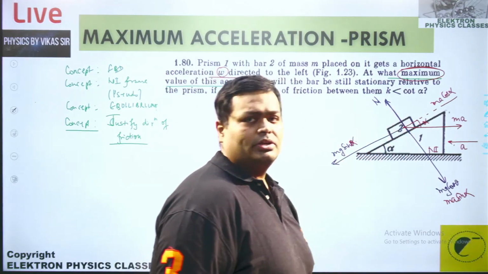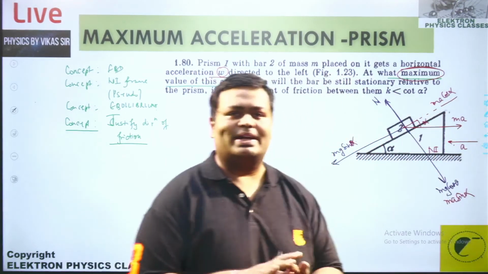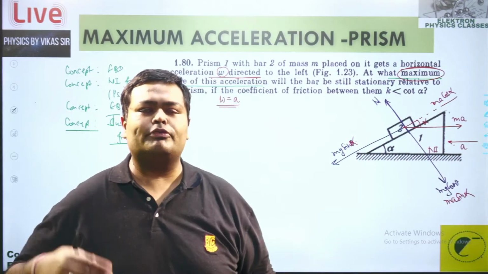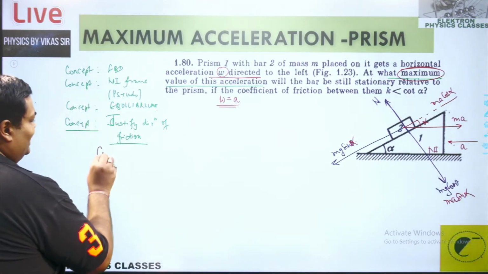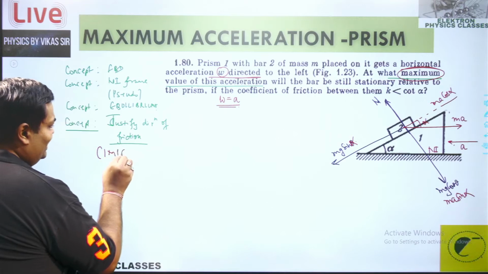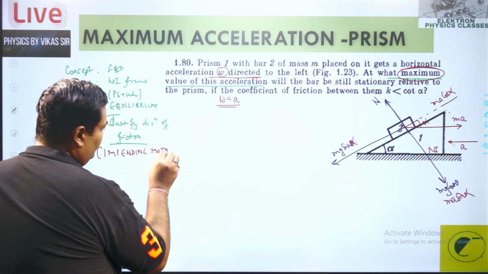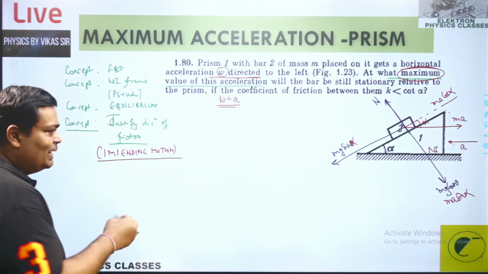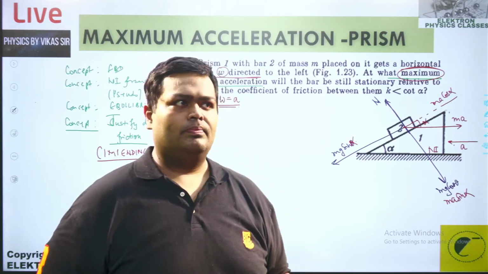In that condition, the block has a tendency to slide up. It is not sliding at all, so such questions are of impending motion state. Justifying the direction of friction is basically an idea of impending motion, and in that impending state the friction direction changes.